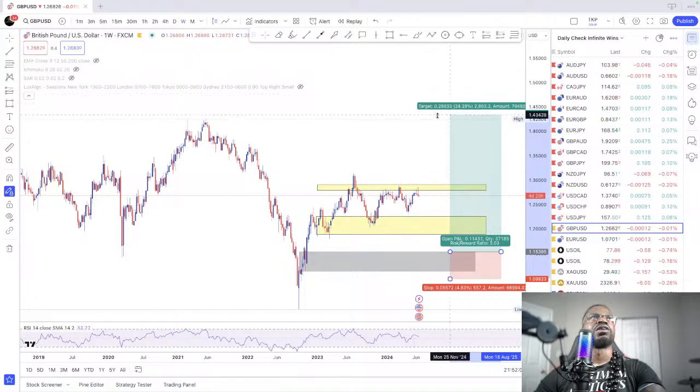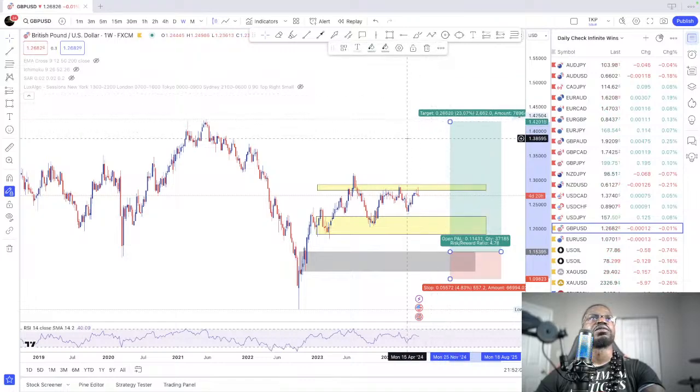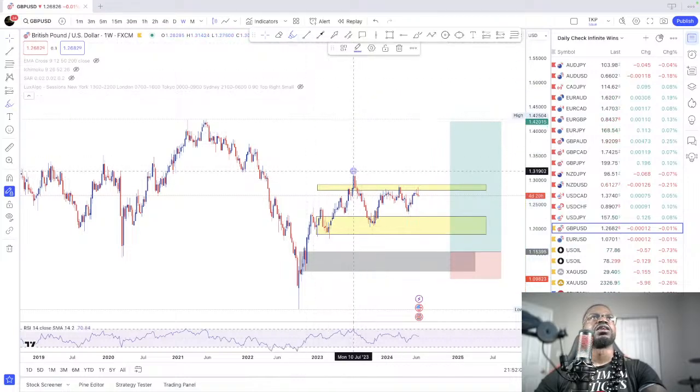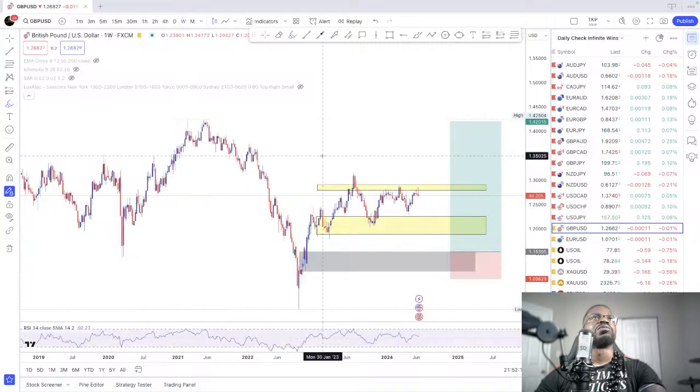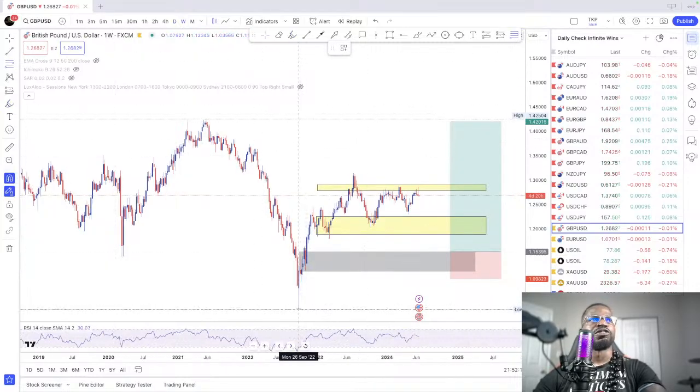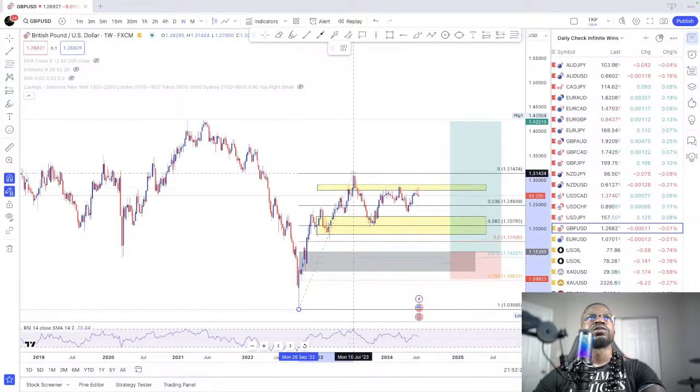As far as the target, we're going to look at those highs there. But right now, this thing is definitely creating lower highs. So let's get down into these smaller time frames and figure out what's going on. Let's do this fib first. I'm going to take this fib from this swing low. All right, cool.